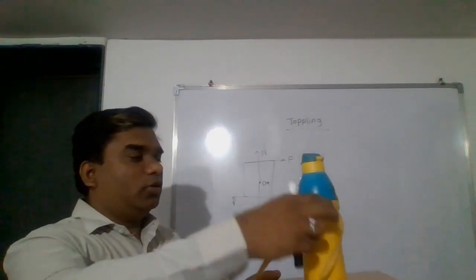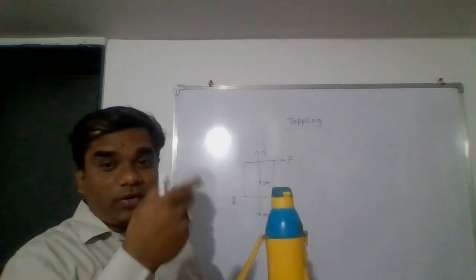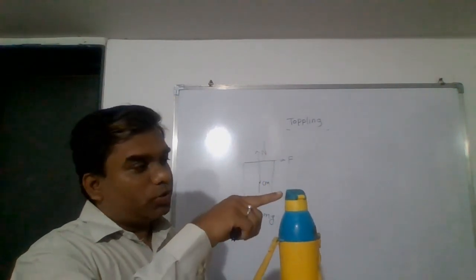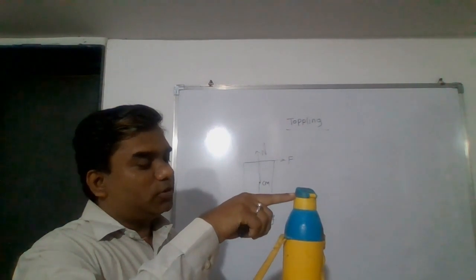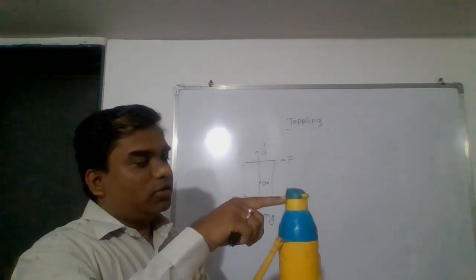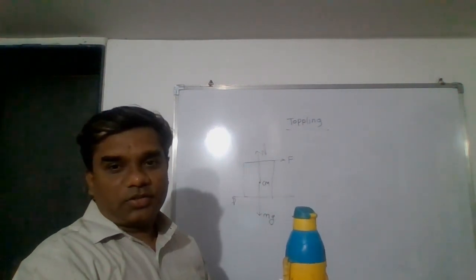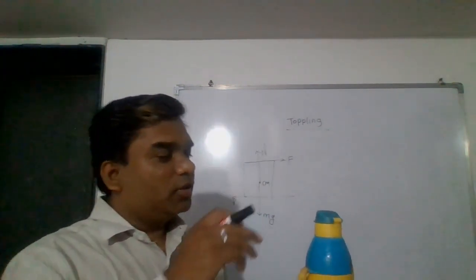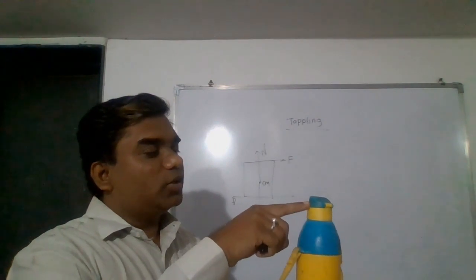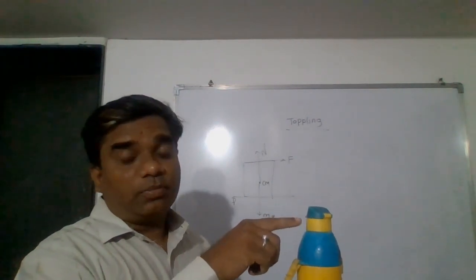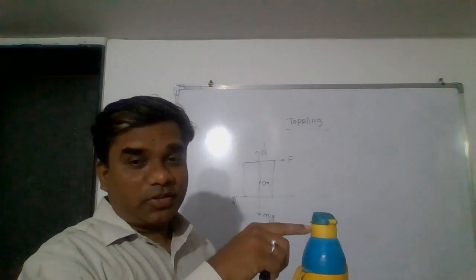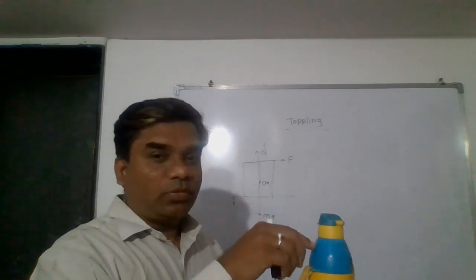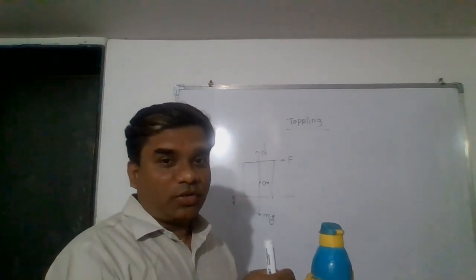Now when we apply the force on its top surface, you can see it is not moving forward; rather, it is toppling. It is the process by which objects become unstable or fall because of shifting of the center of mass.